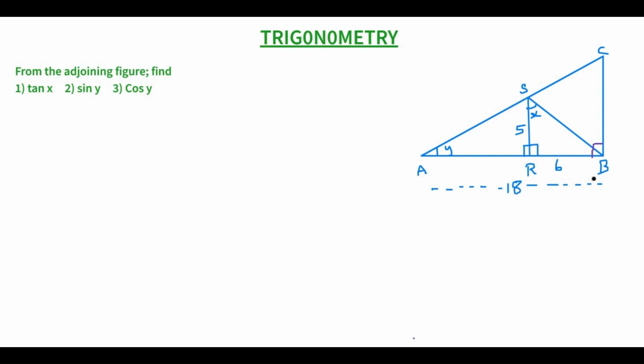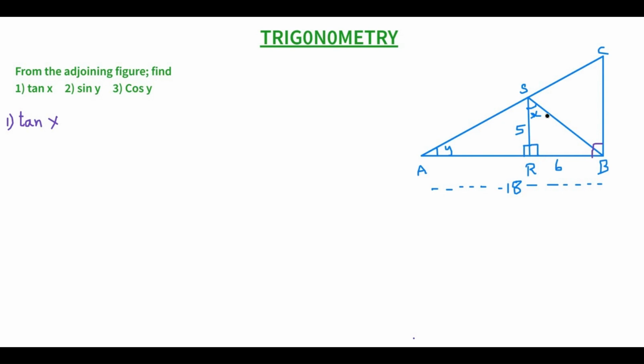So these are the measures given to us. With the help of these measures, we have to find the value of tan x, sin y and cos y. So let's take the first question, which is tan x. To find this, let's take the smaller triangle, because it's x. So our angle x is here.